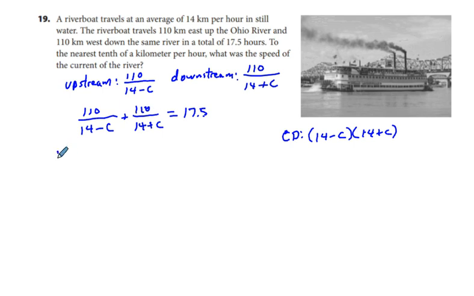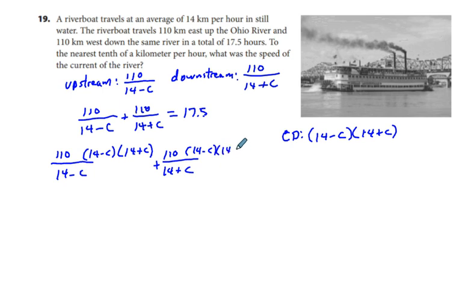We have 110 over 14 minus c, and we're going to multiply that by 14 minus c times 14 plus c, plus 110 over 14 plus c times 14 minus c times 14 plus c, and that's going to be equal to 17.5 times 14 minus c times 14 plus c.